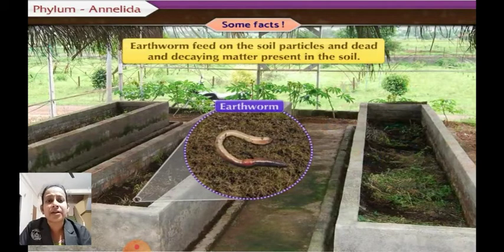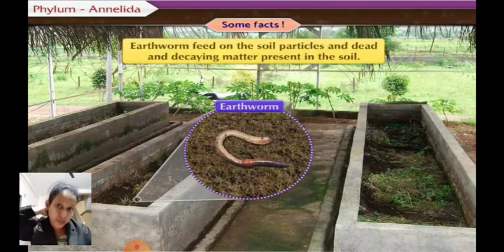I hope you have heard about this vermicomposting. Worm means earthworm, compost means to convert the soil into a fertile soil. So kitchen waste or any household waste, not the dry waste, I'm talking about the wet waste, which is mostly kitchen waste or garden waste, can be converted into a very good manure, very good compost, by the use of these earthworms.